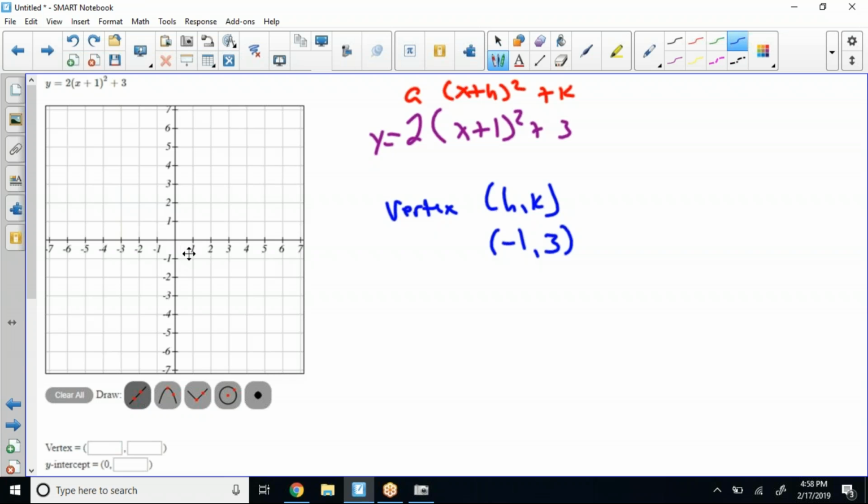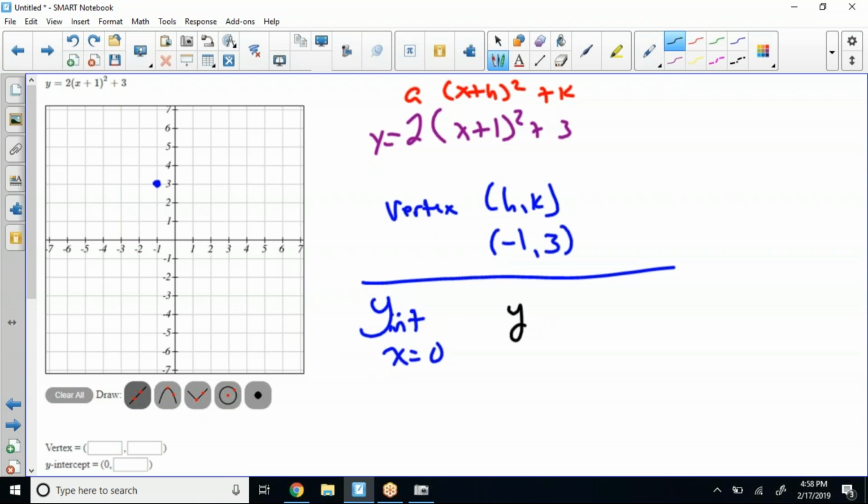So when we draw this, we're definitely going to put a dot at (-1, 3). The other dot happens to be your y-intercept. Back when we did the y-intercept, I said, hey guys, make sure you write x equals 0 right underneath it, so that you understand the x value needs to go to 0.